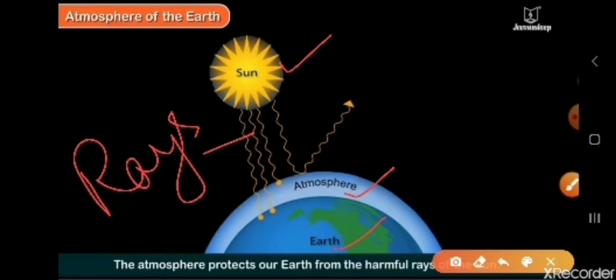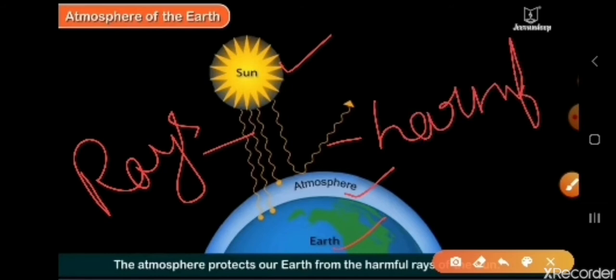Sun sends many rays to our earth, but only few rays are able to reach earth, and the remaining go back into the space. Why do they go back into the space? Because some of them are harmful, they are sent back to the space.